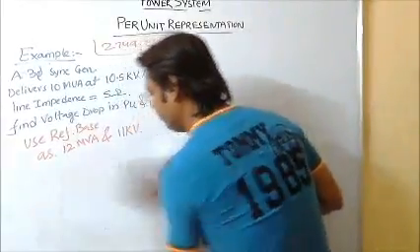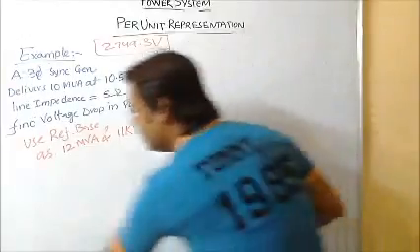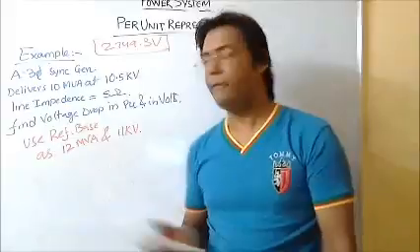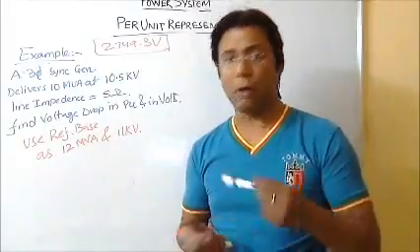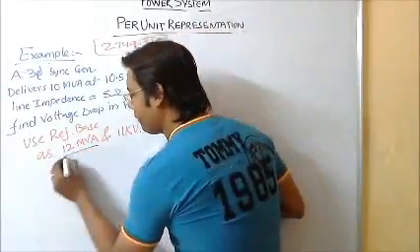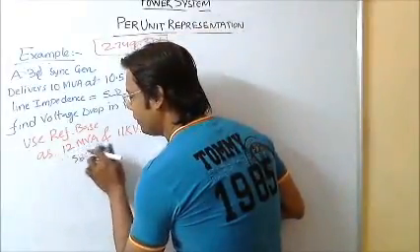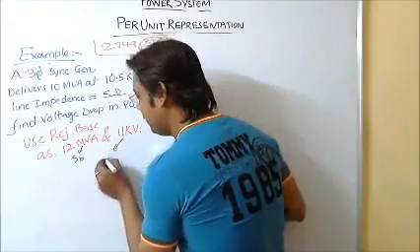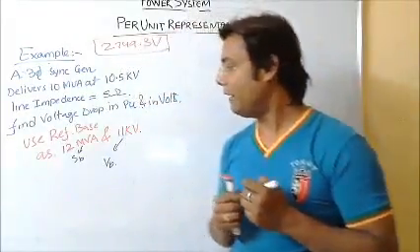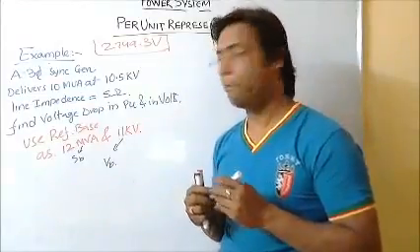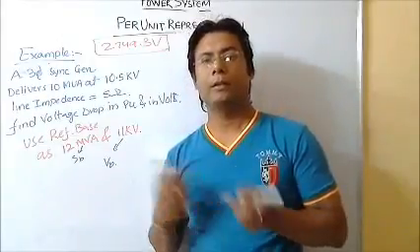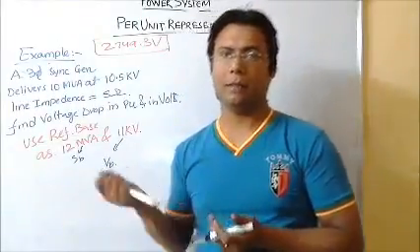I can do the same problem with the reference base also. How? Since this is SB and this is VB, I can have the per unit values of everything, and that per unit value will be multiplied by something, and that will give me the answer.